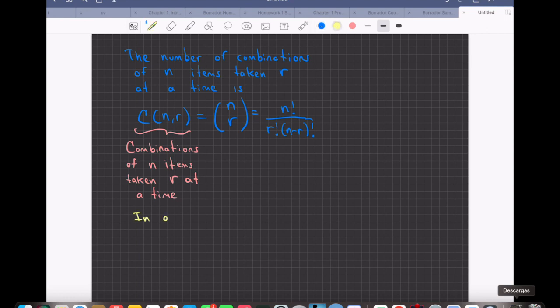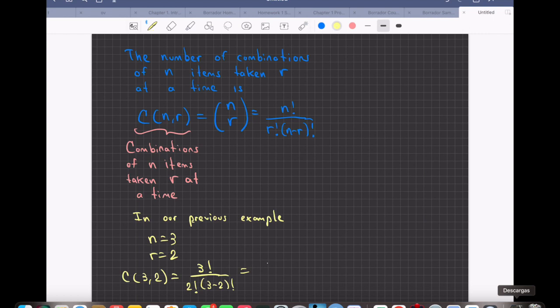In our previous example, we have n equal to 3 and r equal to 2. So combinations 3 choose 2 is equal to 3 factorial divided by 2 factorial times 3 minus 2 factorial.